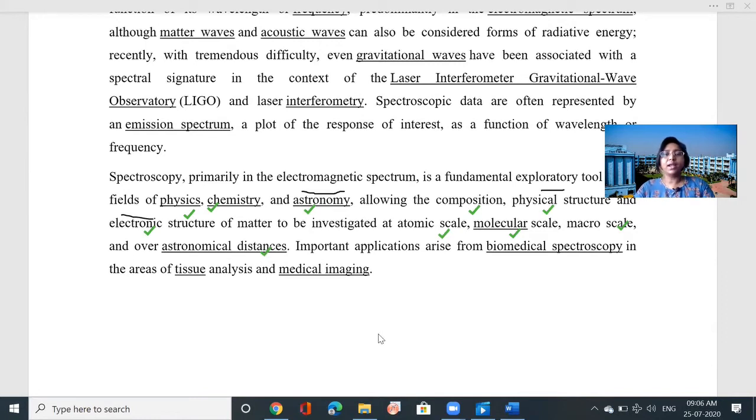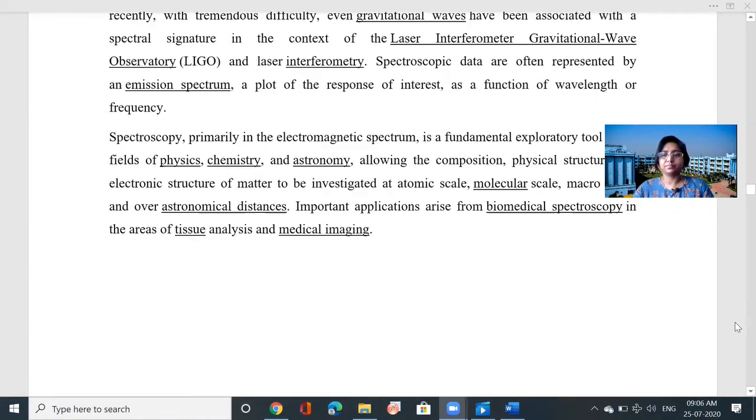Important applications arise from biomedical spectroscopy in the areas of tissue analysis and medical imaging. All these are applications of spectroscopy, so we can use spectroscopy in different fields.